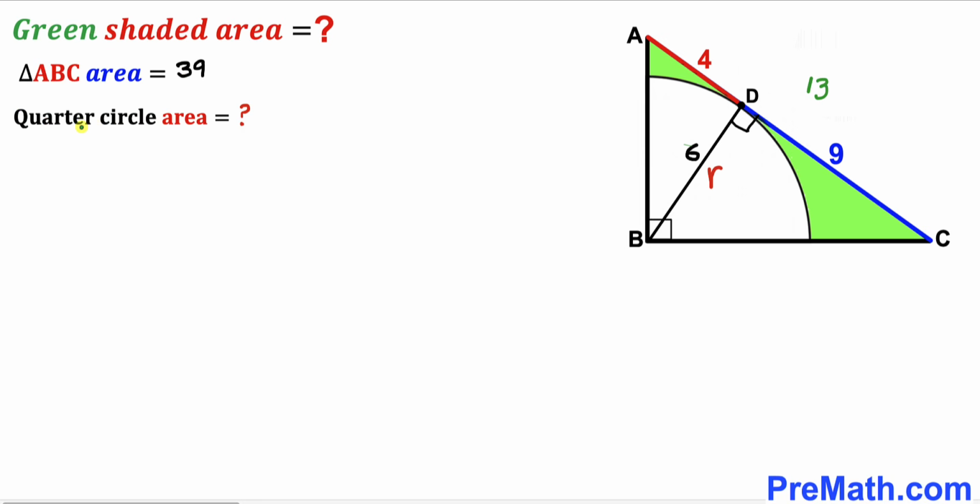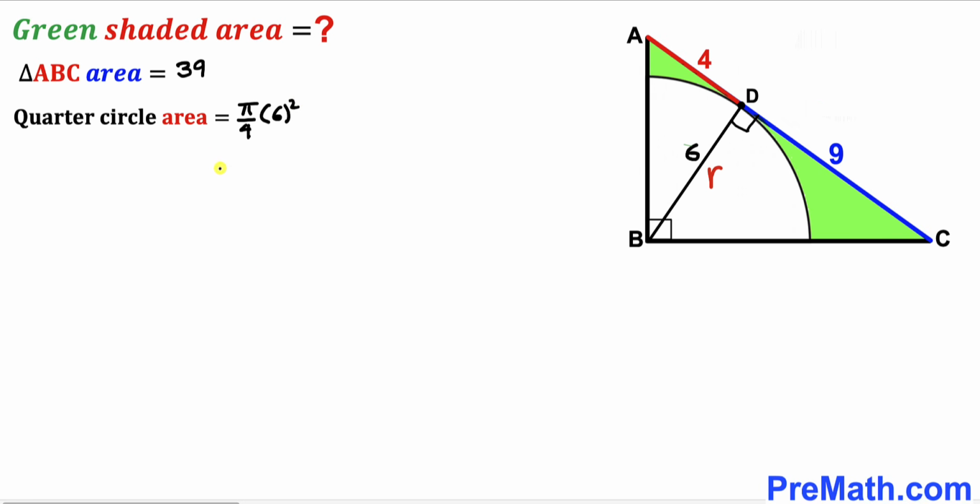Now we are going to calculate the area of this quarter circle as well. Let's recall the area of a circle formula: area is always equal to pi r squared, where lowercase r is the radius. In our case, our radius is 6. So the area of this quarter circle is going to be pi divided by 4 times our radius 6 squared.